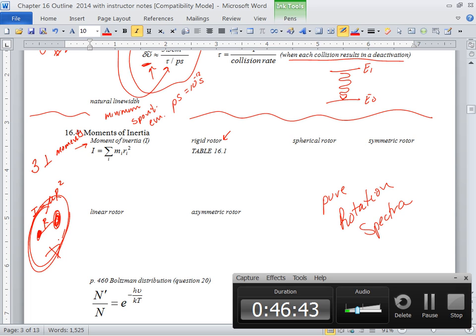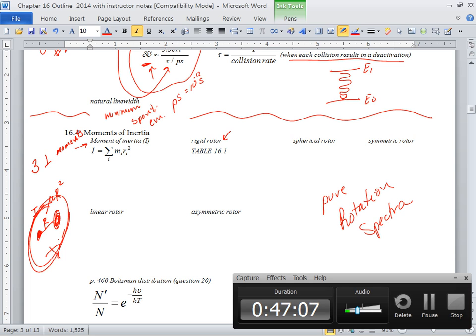Don't you feel like R is going to get bigger? Call it centrifugal distortion. I don't think that's on here. We're not worried about that, I guess. But this cannot bend. It can't stretch. That's why they call them rigid rotors. So if this does get bigger, then all these equations go to pot. This isn't going to work. So all this stuff is rigid rotors.